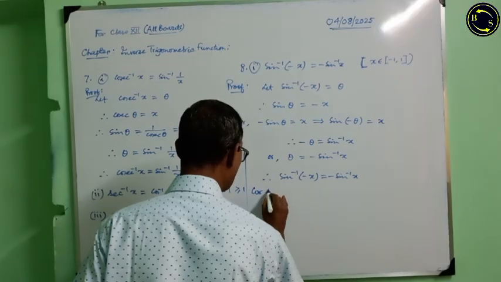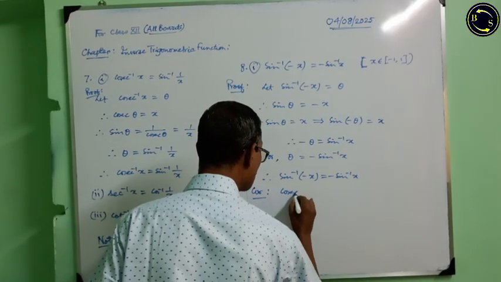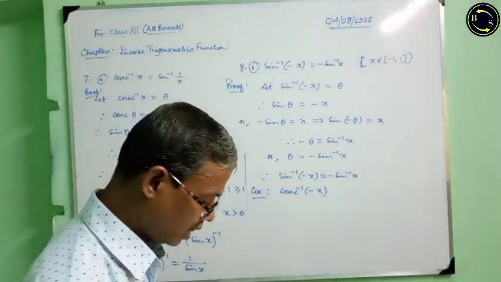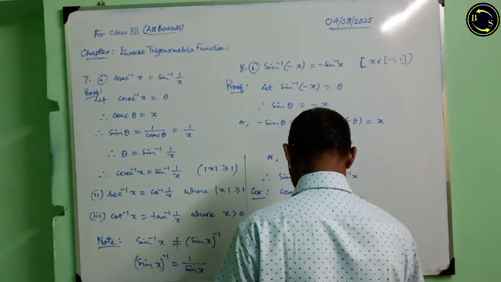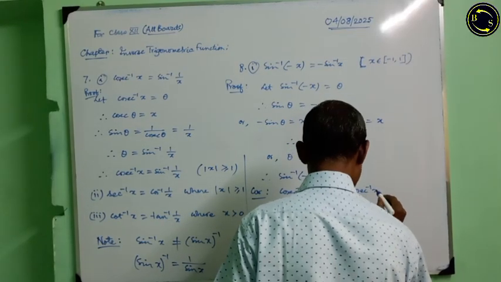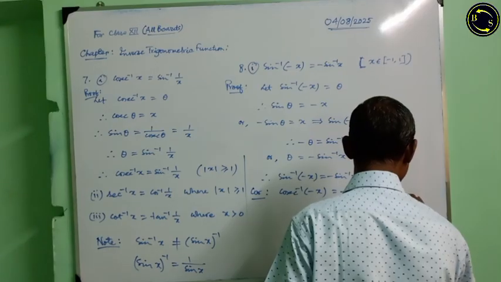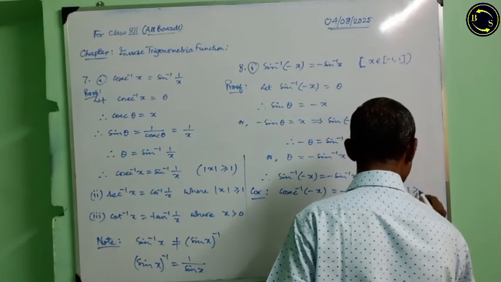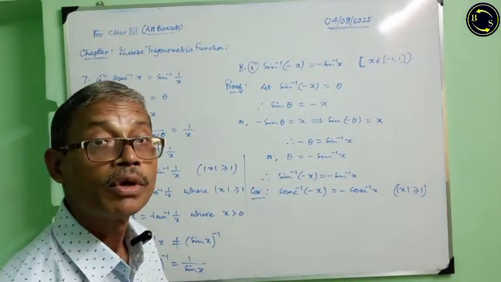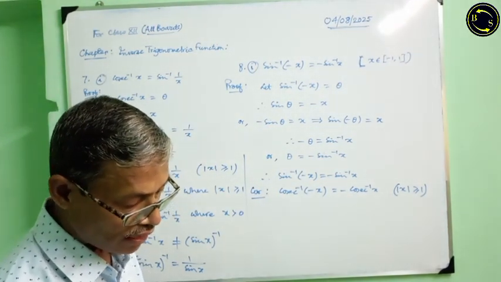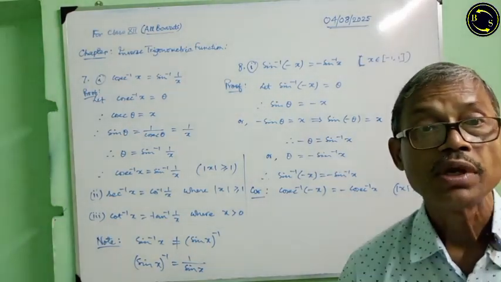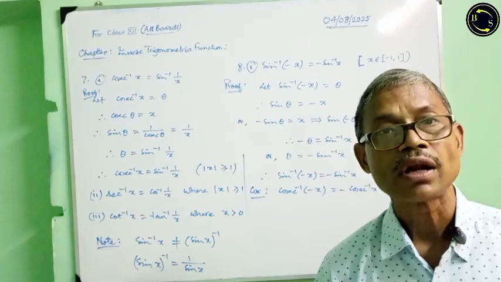I write here as corollary cosec inverse of minus x. Cosec inverse of minus x is equal to minus cosec inverse x. Here mod x greater than equal to 1. You can prove yourself, and it is better you prove yourself. I will show few and you will work out yourself.